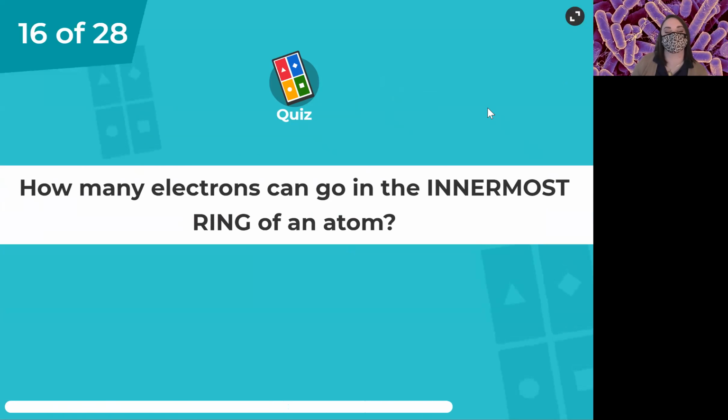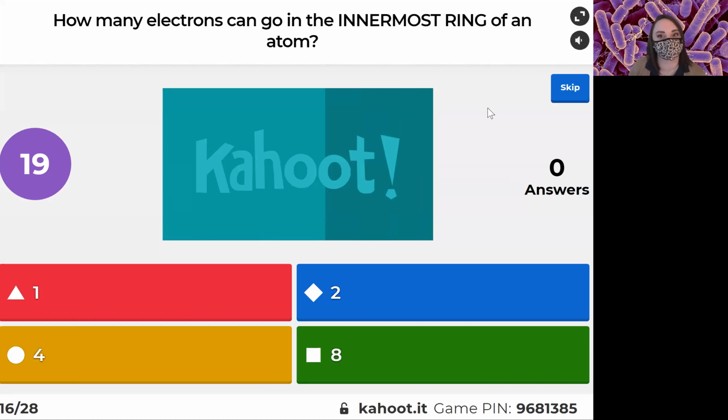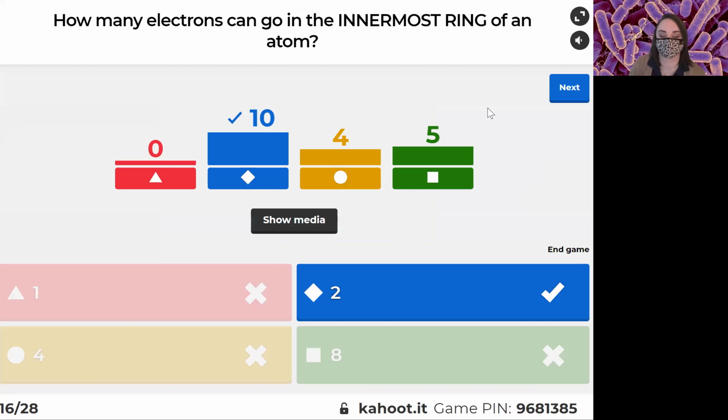How many electrons can go in the innermost ring of an atom? Good. 2.